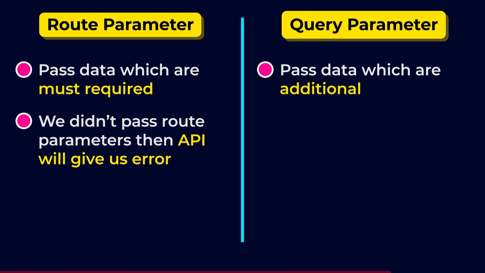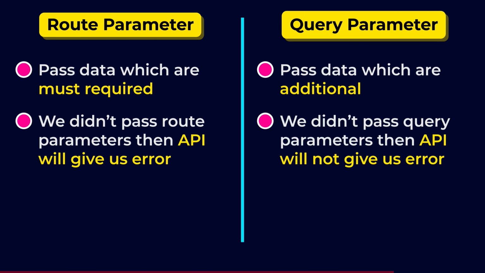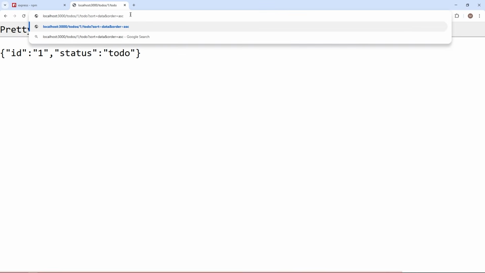But if we don't pass query parameters, then our API will not give us an error. It is additional detail. In our example, if we don't pass the to-do ID or status, then it will give us an error that the API was not found. But if we don't pass these variables after the question mark, then we don't get an error.